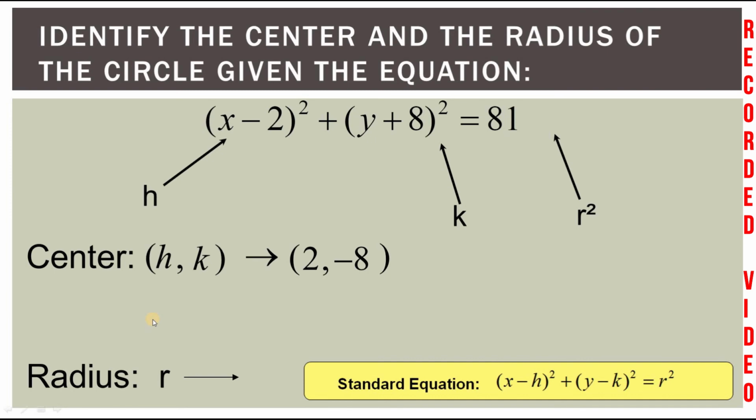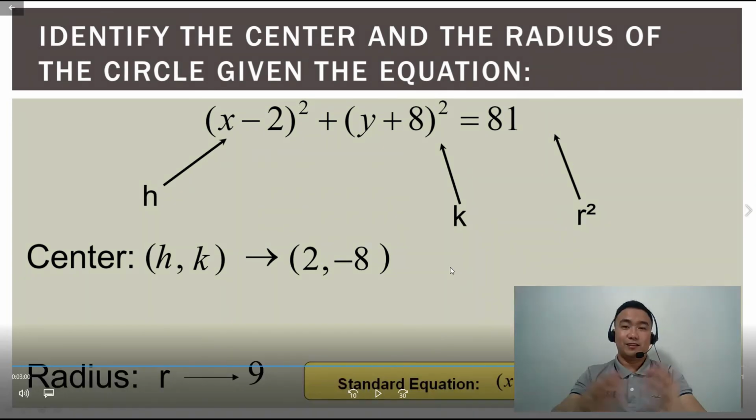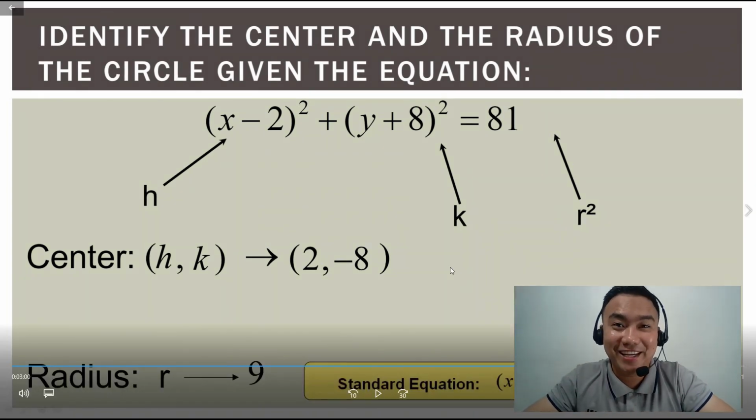No, it is the square root of 81, which is 9. So given this equation, we got our center, which is (2, negative 8), and the radius 9. And that's it. It's easy, right?